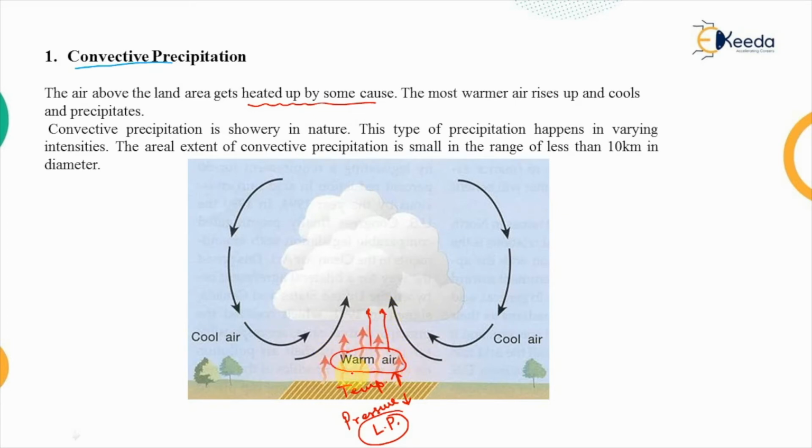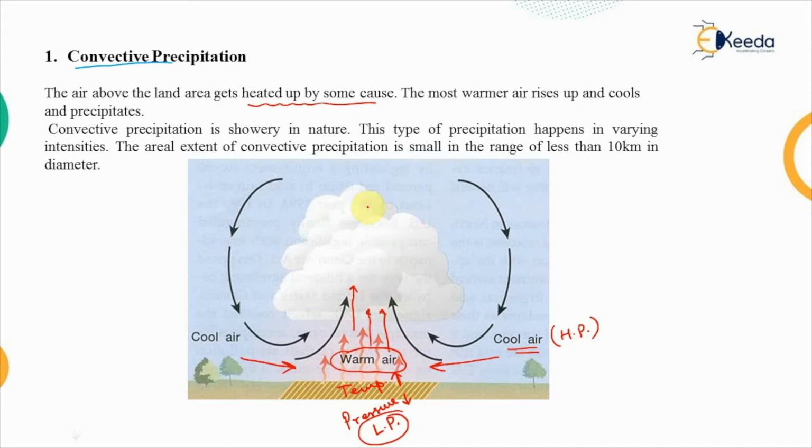That means there will be a vacuum, or an empty space, at this particular location. Because of this, the cool air present in the surroundings, being at higher pressure, flows from high pressure to the low pressure region, and again gets heated up and lifted up.